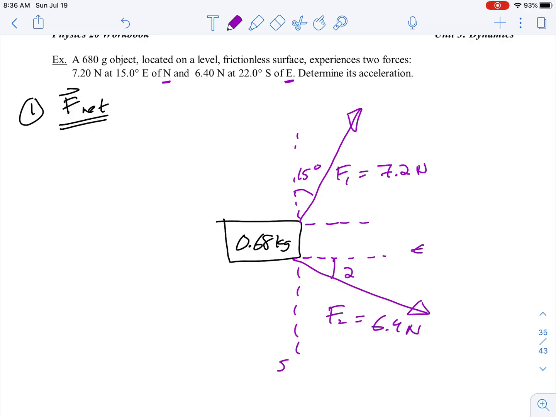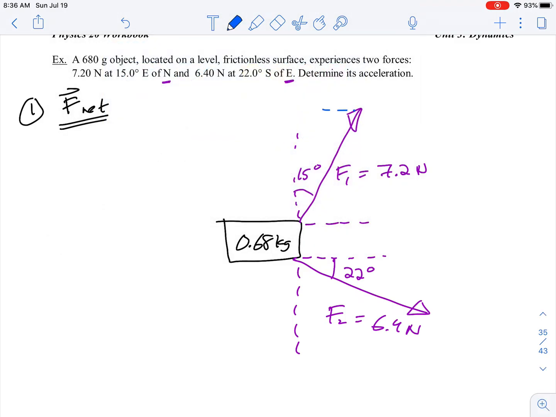Angle 22 degrees. All right, so it's very important that we actually draw the diagrams properly before we go any further. Get rid of the east and south now. Okay, so now we have two diagonal vectors. Hopefully your instinct is, let's find the components.